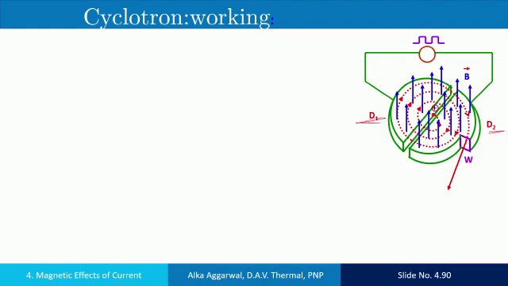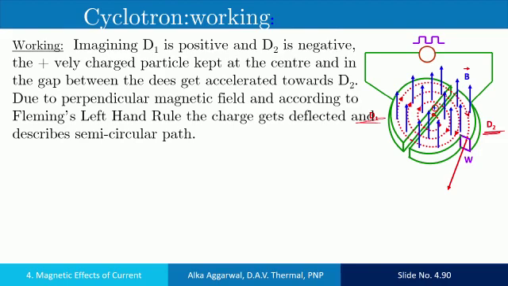So the charged particle is accelerated towards D2. Within D2 there is no electric field, as it is a hollow conductor from inside. However, the magnetic field is present in this region. As a result, the ion traces a circular path, and after some time, it comes out from the D.